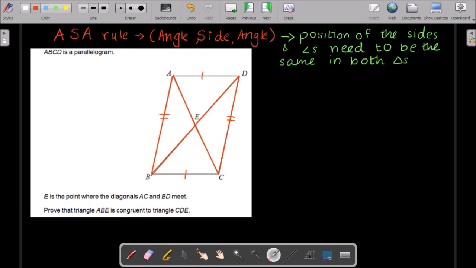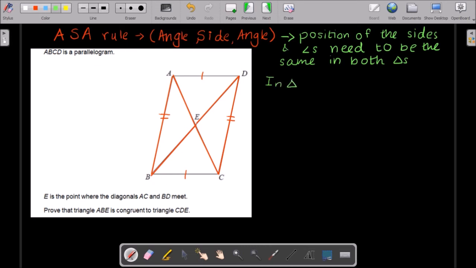If I use this angle here, it has to be made by this side and this side, and then that would have to be equal to this angle here made by this side and that side. So the location or the position of the angles and the sides makes a huge difference. I can't say that this angle will be equal to this angle, because this side will not necessarily be equal to that side there. So that's what we need to be wary about.